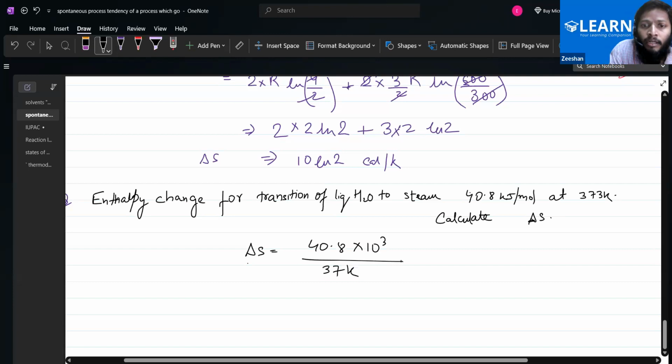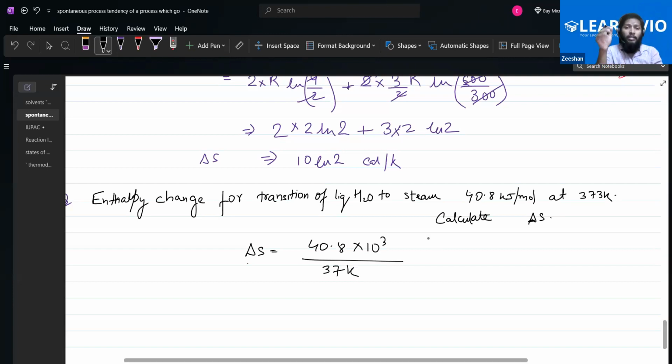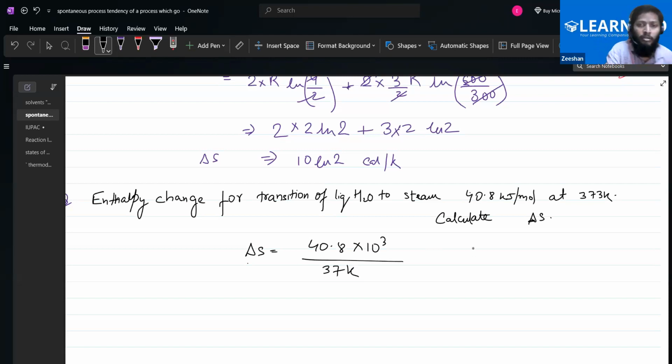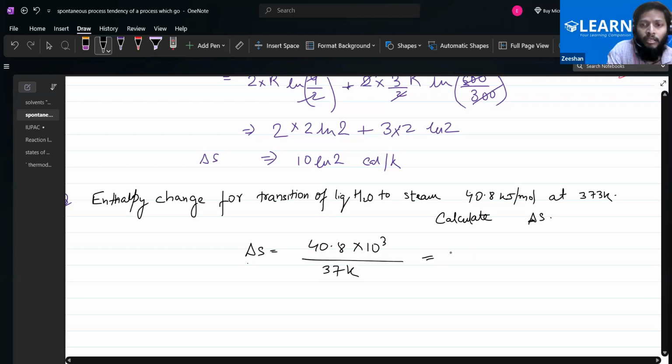The examiner can give you 100 degrees Celsius, so you have to convert it first into Kelvin, then you will solve this out, right? So finally, your answer will be around 110 joule per Kelvin.